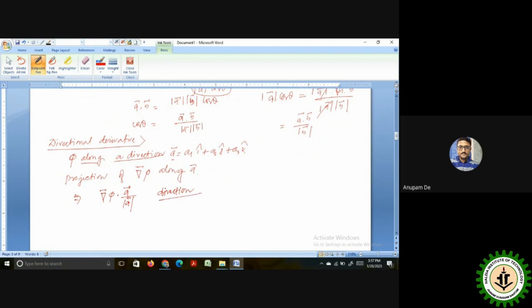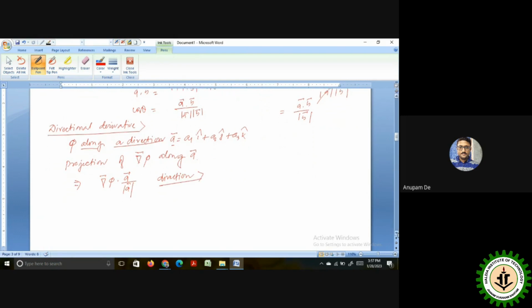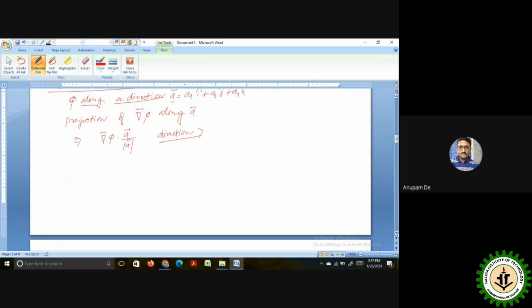Now sometimes the question also comes in this way: in which direction does the directional derivative have the maximum value? You may note down the question.